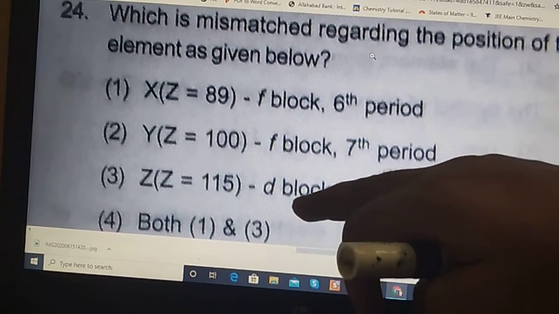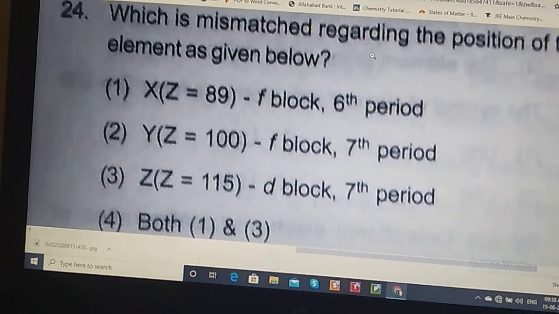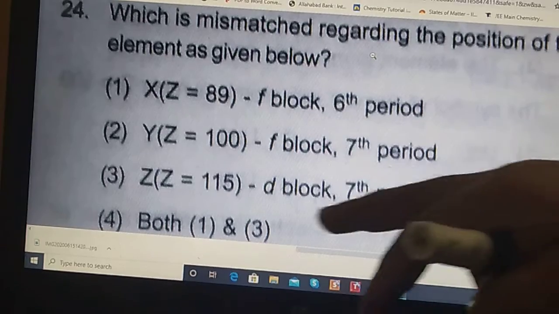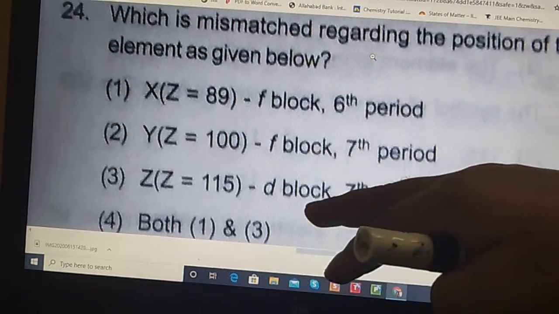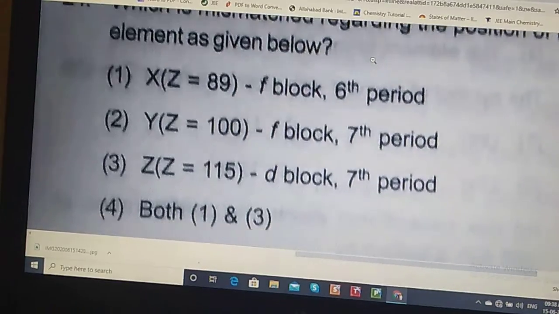It is a P block element. Up to 112 it is D block, but after 112 it is P block. So the first and third are wrong, and the correct option will be option number 4.